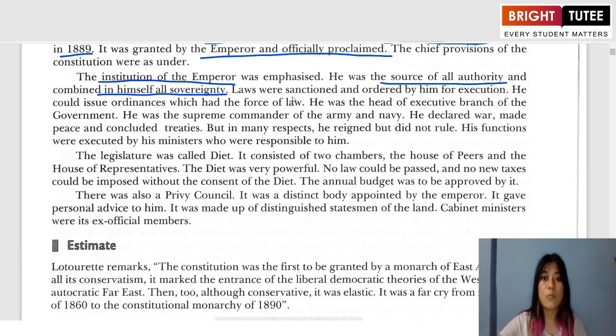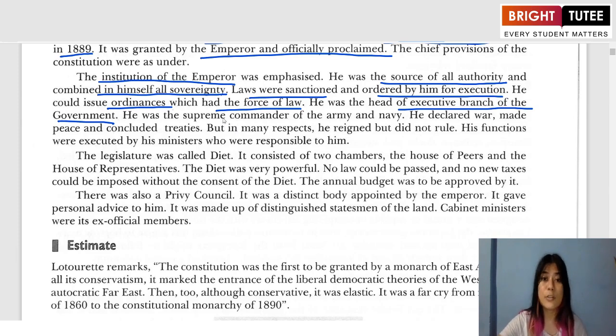The emperor would sanction laws and order the execution of those laws. So the government was not only in control of Japan and its people, but it could also make laws and execute those laws. He could issue ordinances which had the force of law. He was not only the lawmaker, but also head of the executive branch, which made sure that the laws were implemented and followed.